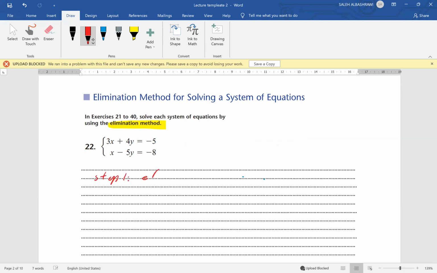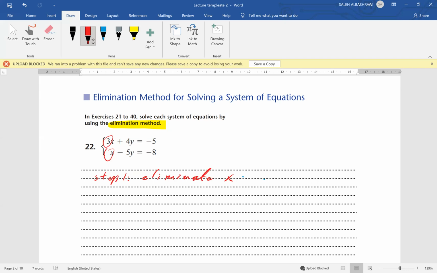I can eliminate x or y, but I will eliminate x. But if we check the coefficient for x, I have a 3 and 1. If we add them together, this will not eliminate the variable x. And also, if we subtract the two equations, it will not eliminate the variable x.